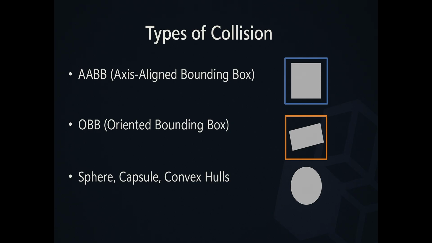So there are two types of collision that we commonly see in game development. The first one is the axis aligned bounding box, and the second one is the oriented bounding box. Unreal uses the axis aligned bounding box most. The core concept is that you can imagine a rectangular box that stays aligned with the world axis.